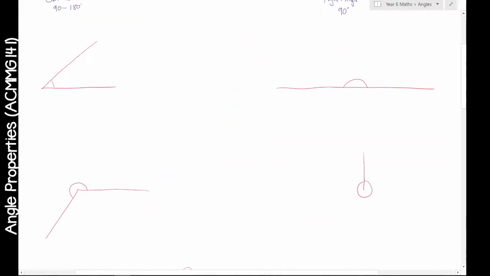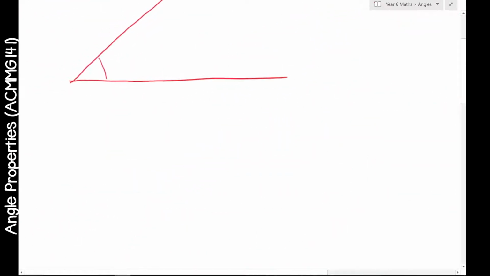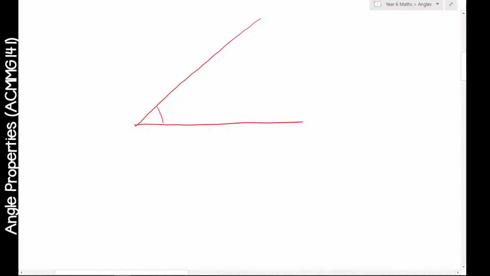Alright, let's look at our next one. To help us remember this one, we think it looks really little, and what do we say little things are? We say they are cute. We call this one acute. Acute angles are between 0 degrees and 90.